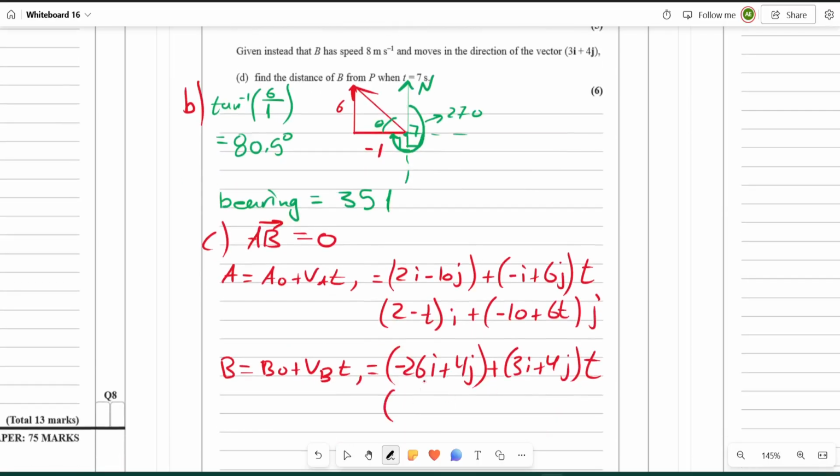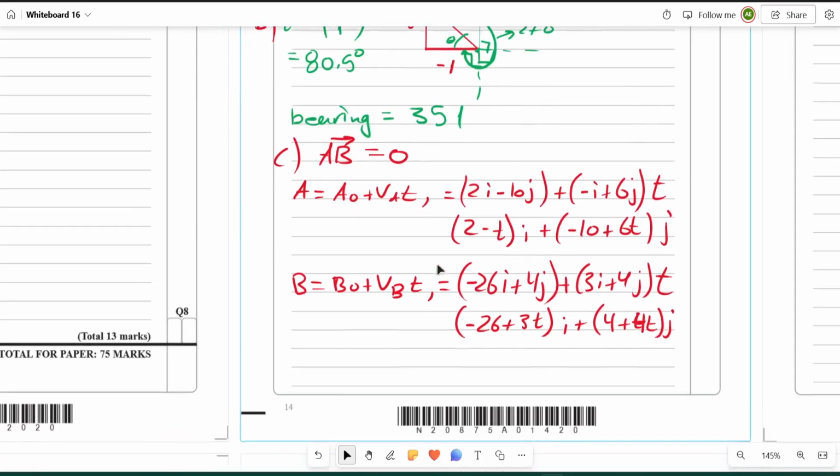Let's group i's together again. So negative 26 plus 3t in the i plus 4 plus 4t in the j component. And these are basically my position vectors.